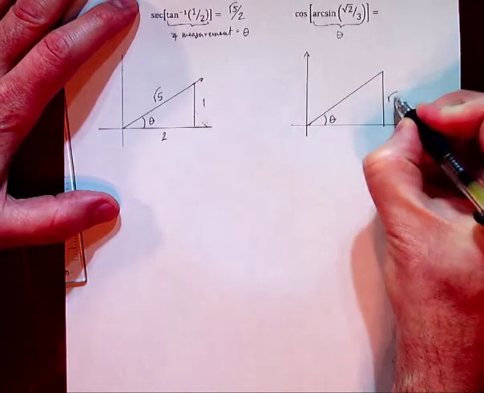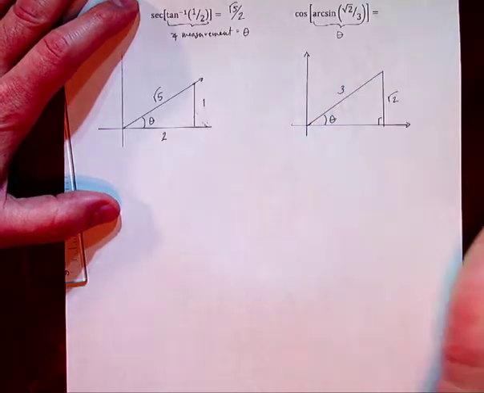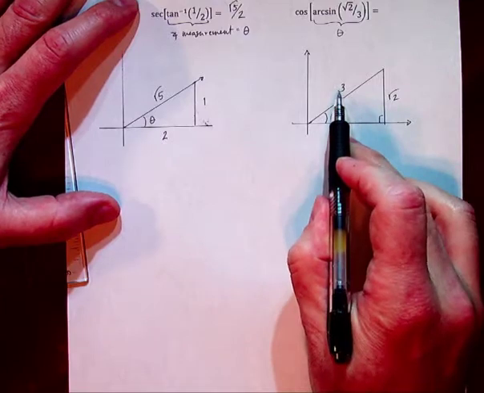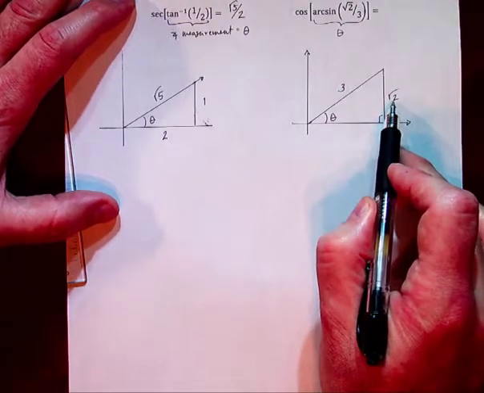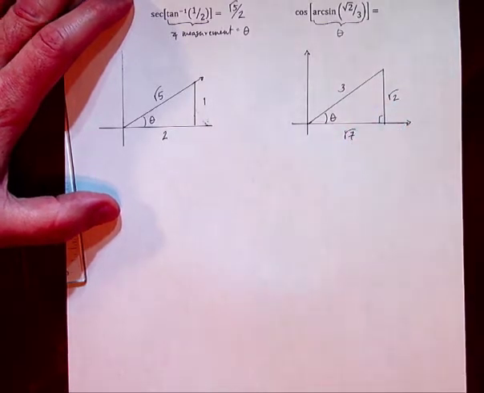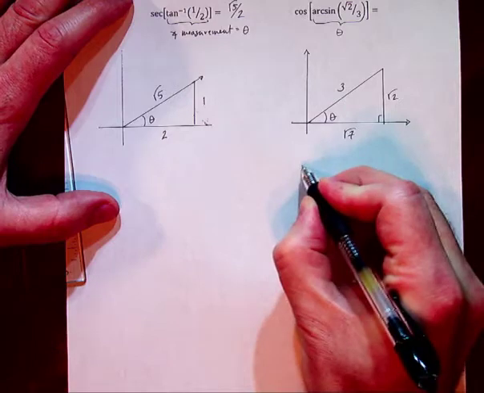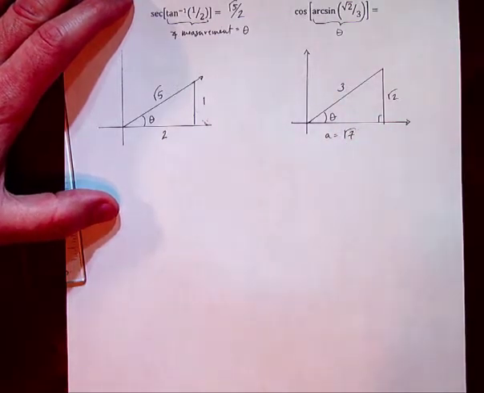And if the opposite is root 2 and the hypotenuse is 3, then this right here squared is 9. This right here squared is 2. 9 minus 2 is 7. So this winds up being root 7. And if you can't do that in your head, just remember that we'll call this A for adjacent, or just A, B, and C, or whatever.